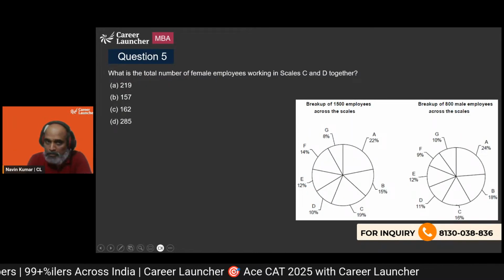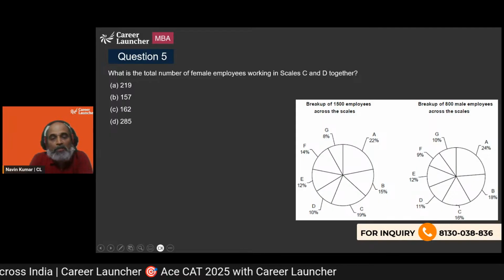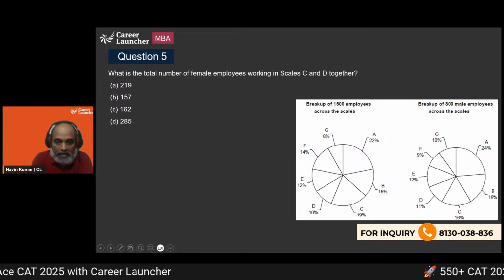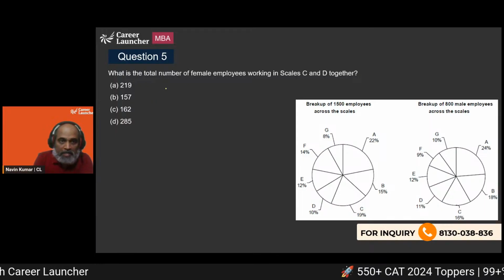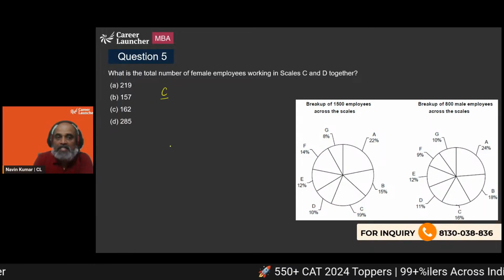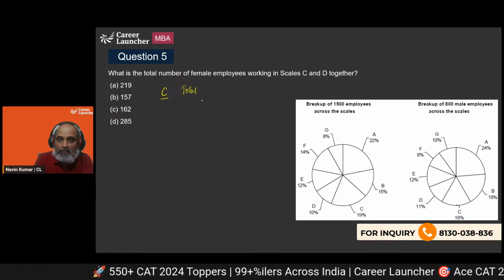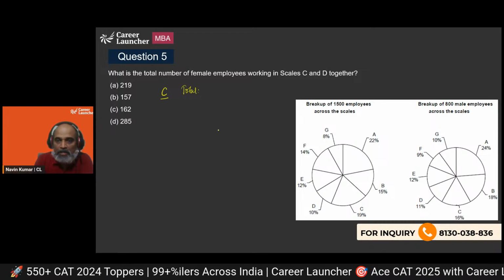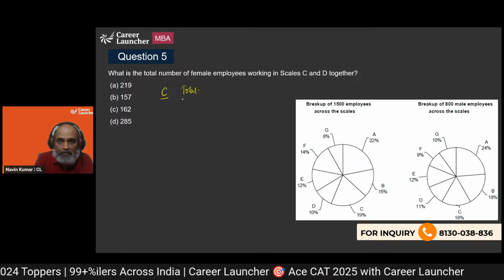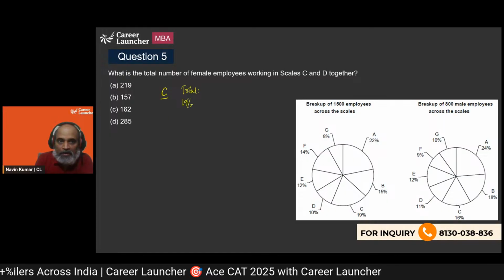Now, the first question is, what is the total number of female employees working in scales C and D together, right? So I'll pick scale C. In scale C, the total number of employees is going to be 19% of 1,500.